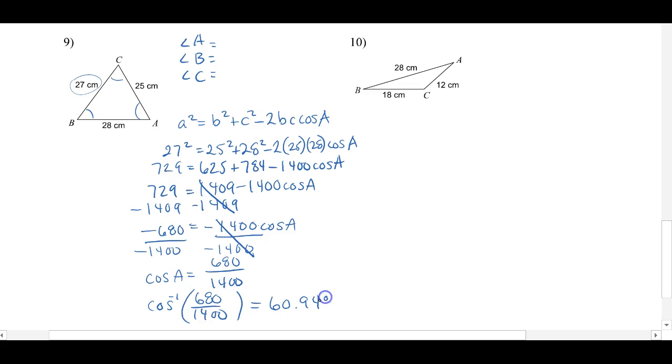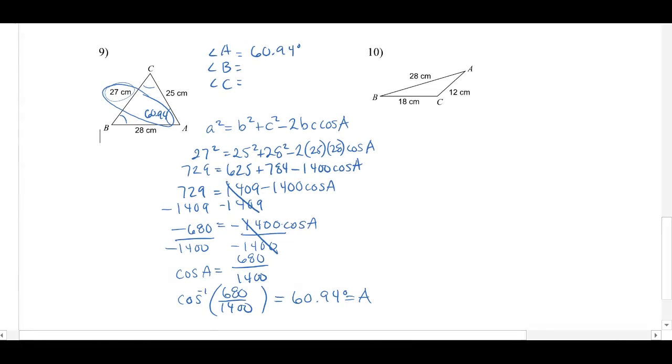60.94 degrees. And that is angle A. Okay, so I'll put that up here, 60.94 degrees. And remember, now I have a pair. I've got 27 and 60.94. So if that's the case, now I can use sine of cosine.